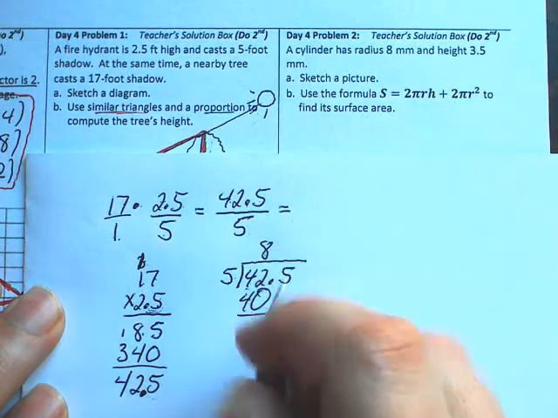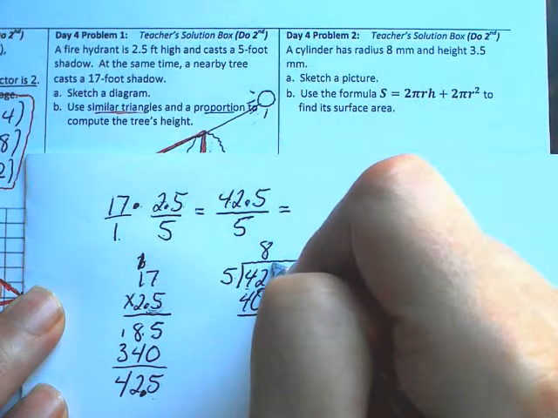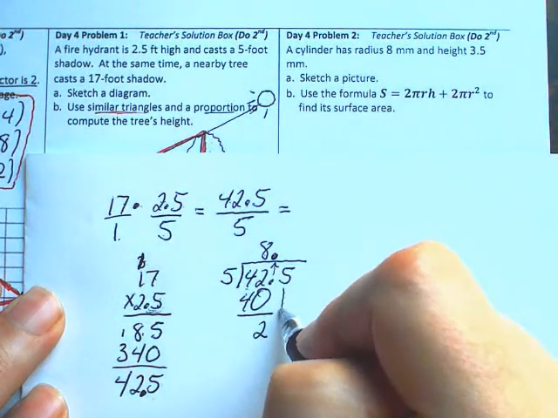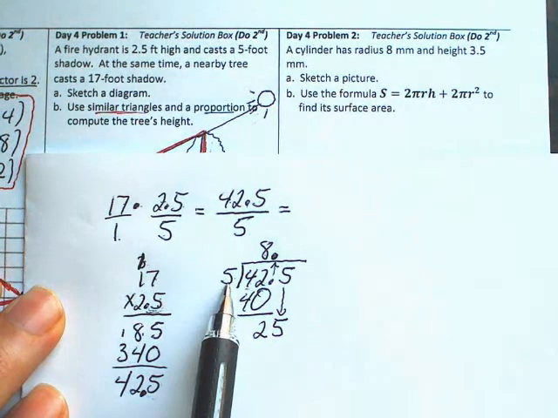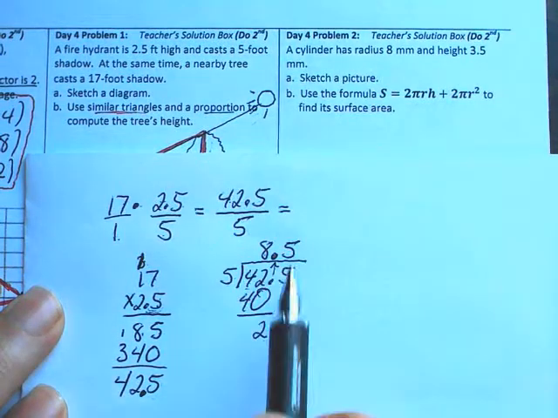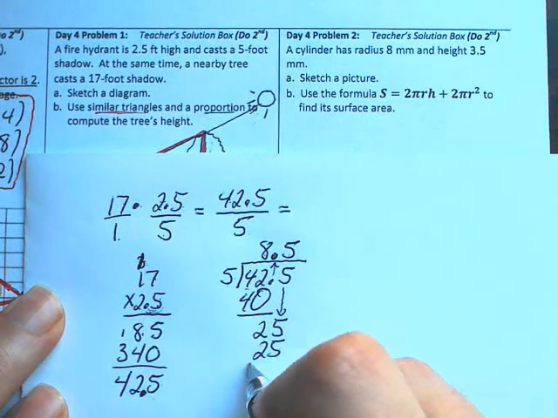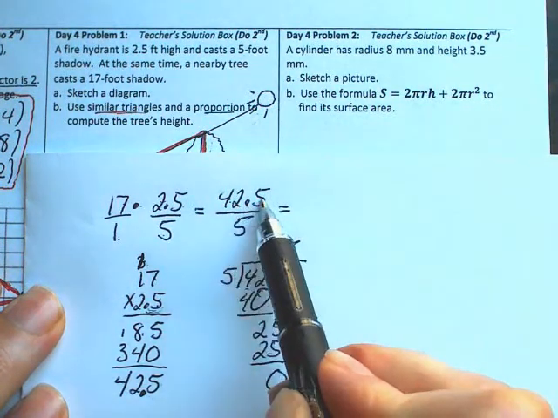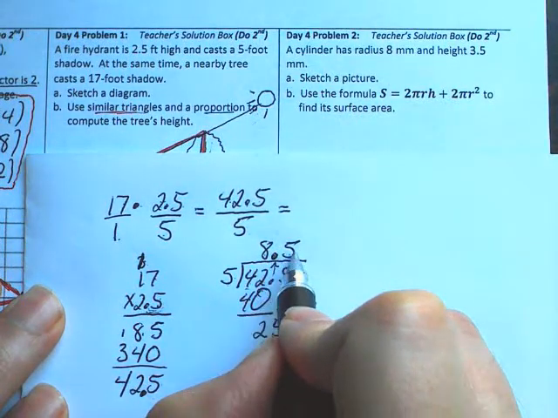Subtracting, 2 subtract 0 is 2. This decimal point goes straight up above, and the 5 can be brought down below. Now 5 divides into 25 5 times, and 5 times 5 is 25. There is a remainder of 0. So this division, 42.5 divided by 5, works out to be 8.5.